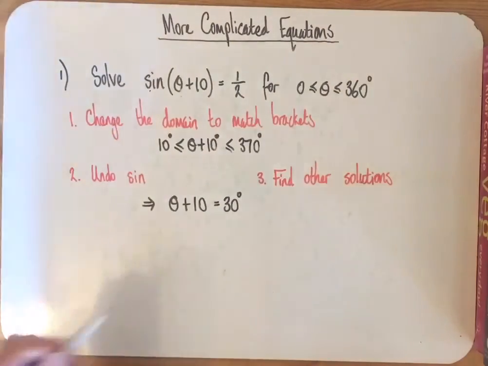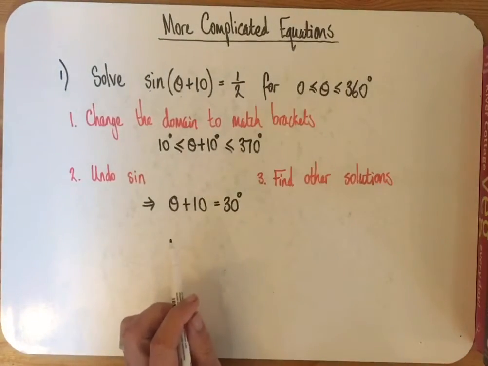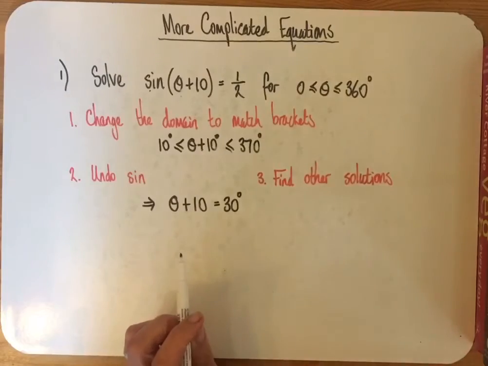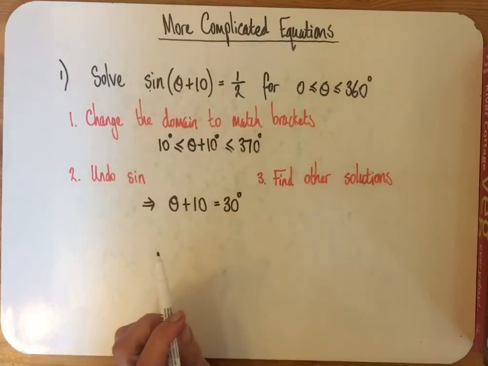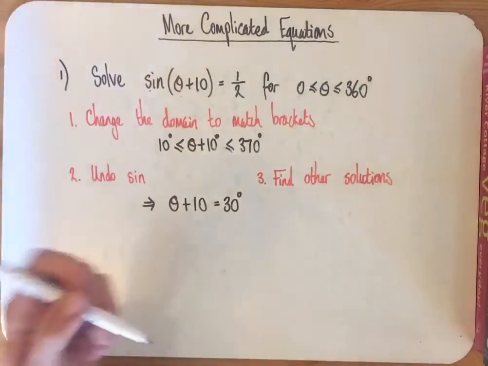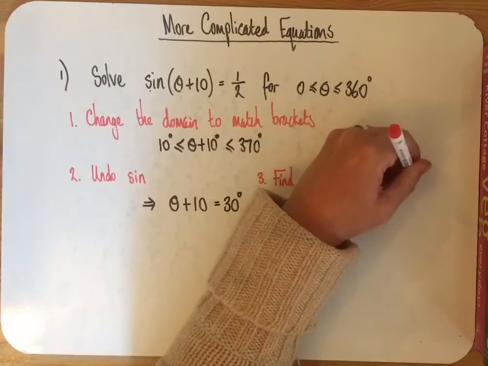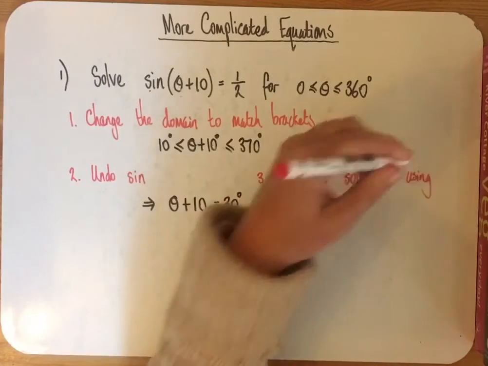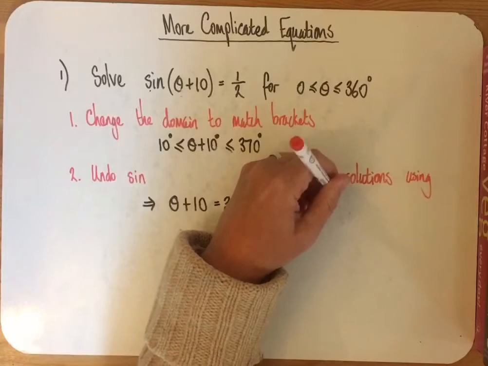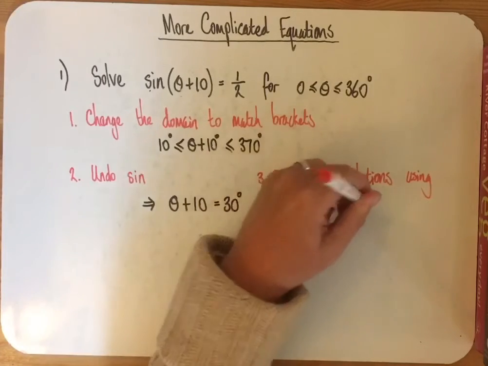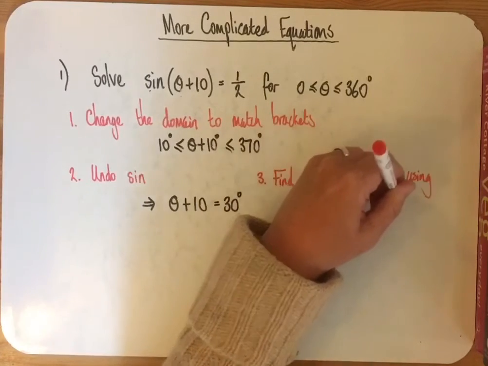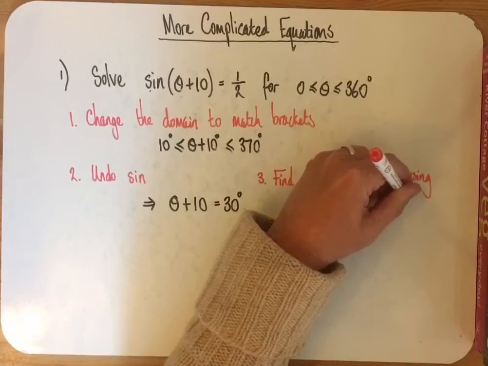So you find your other solutions as usual using your normal sine curve, because all we've done is undo sine.